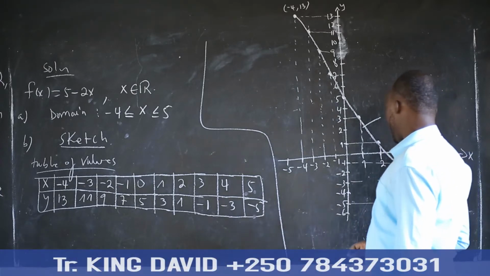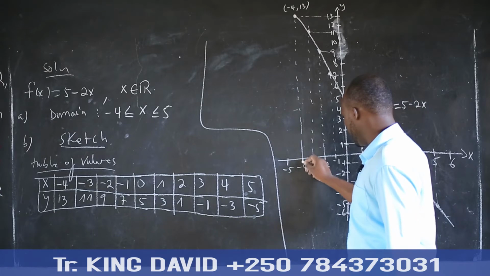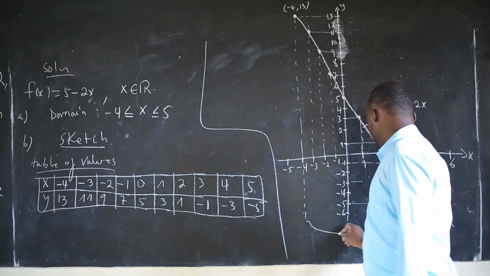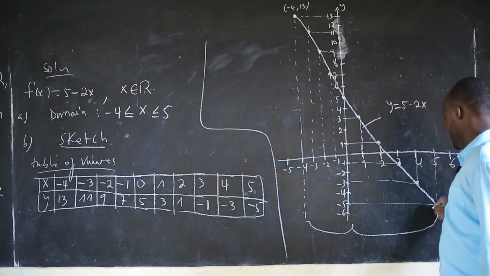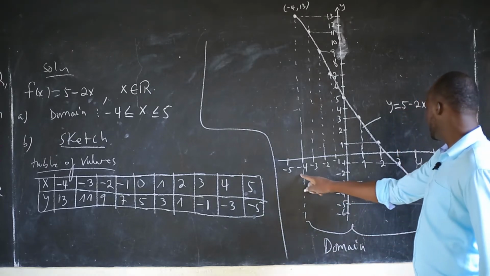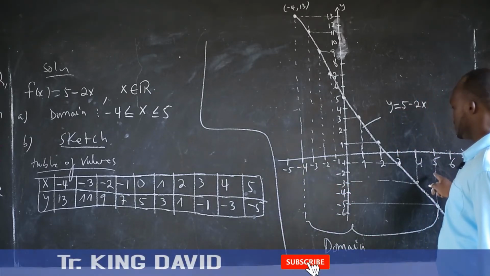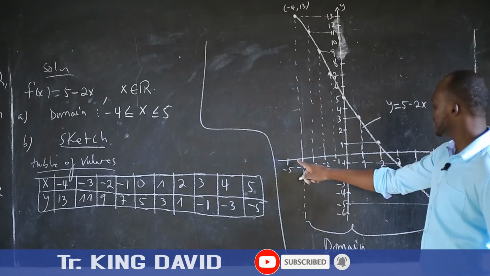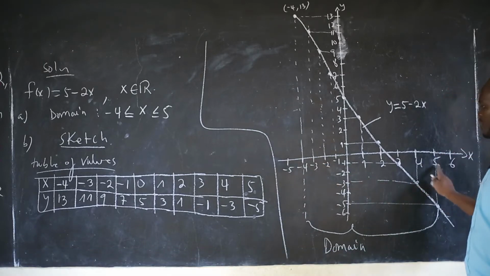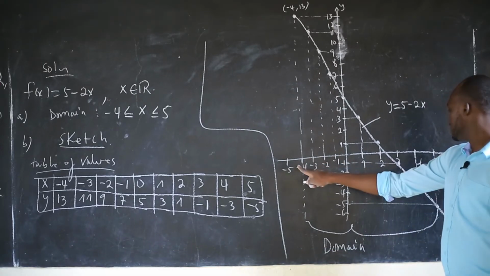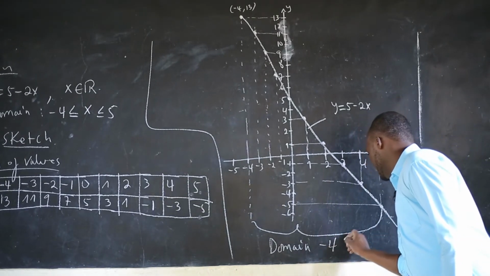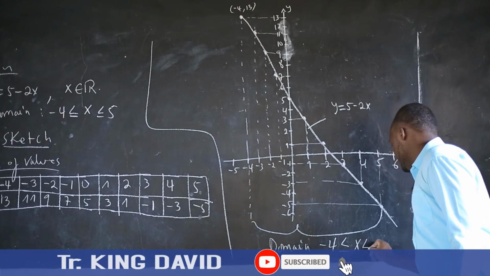You see, this is the domain, where it is from negative 4 to 5. These are the boundaries from negative 4 to 5 on the x-axis, that is, negative 4 less than or equal to x less than or equal to 5.